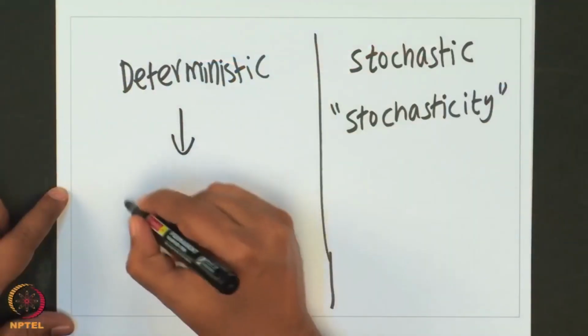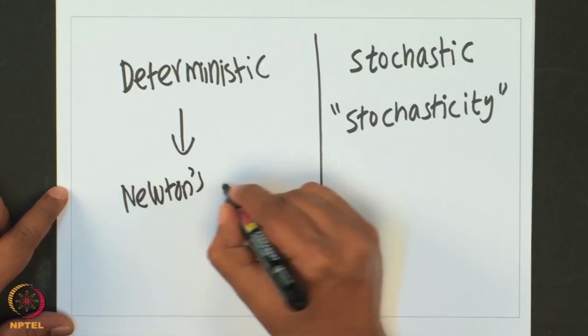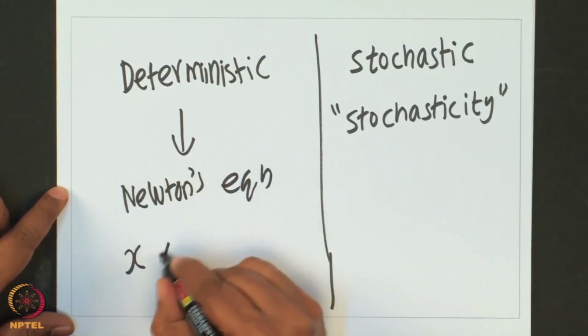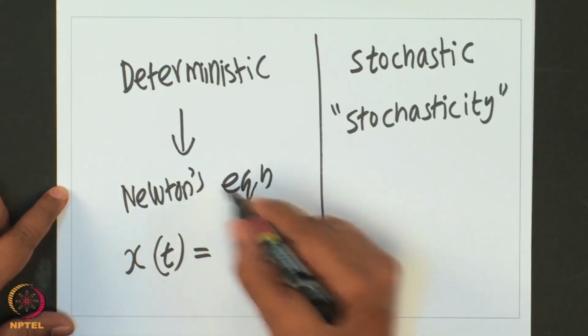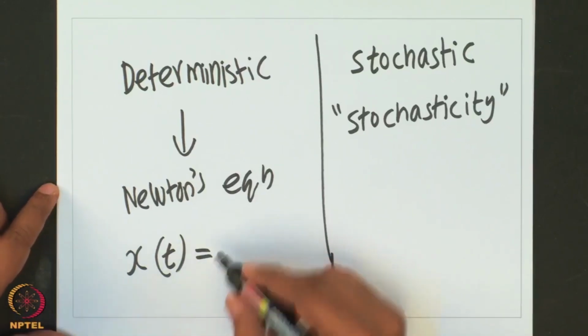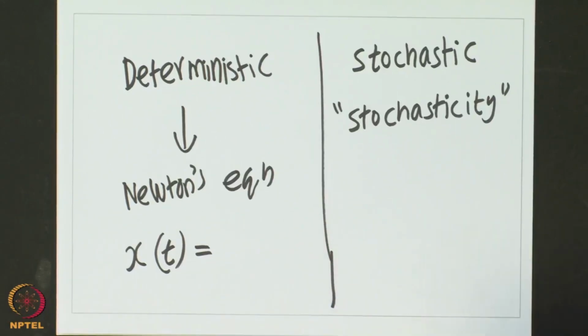For such things like Newton's equations, the answer you get, for example, position as a function of time, is a deterministic outcome. There is only one answer, no matter how many times you do this experiment under exactly the same conditions.